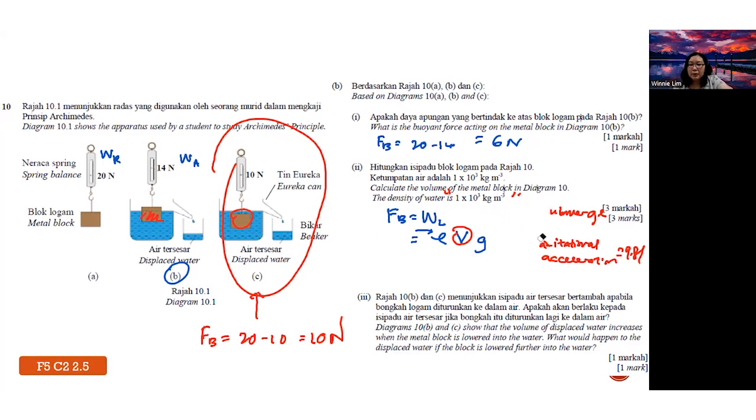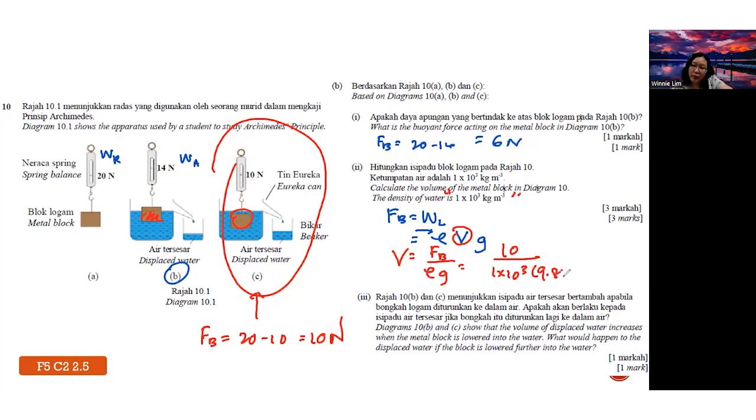So you substitute the values inside, but I want to find V, so I rearrange: volume is FB divided by density and g. So the buoyant force is 10 divided by 1 times 10 to the power of 3 bracket 9.81. Again, a reminder: whenever you press the calculator, you must make sure you bracket whatever is in the bottom.